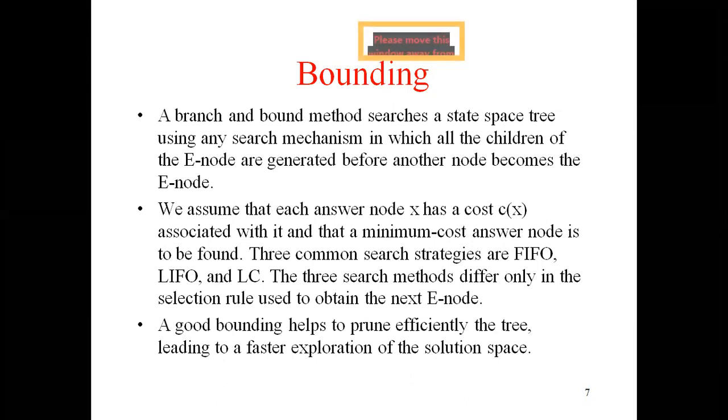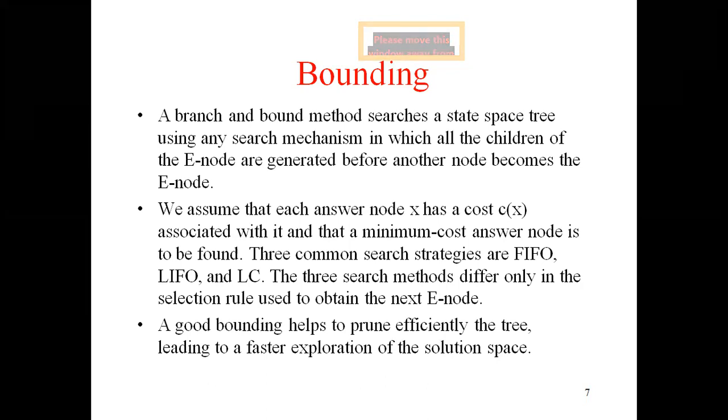We assume that each answer node X has a cost C of X associated with it, and that a minimum cost answer node is to be found. We need to find the minimum cost answer node.